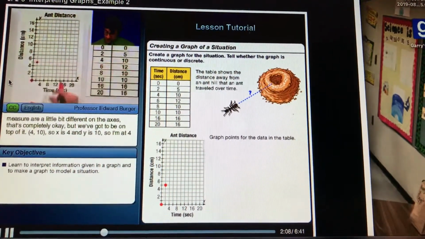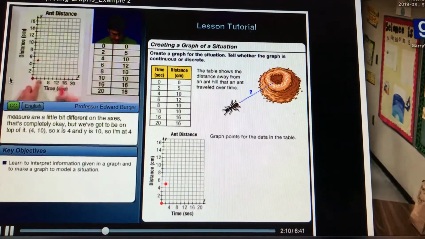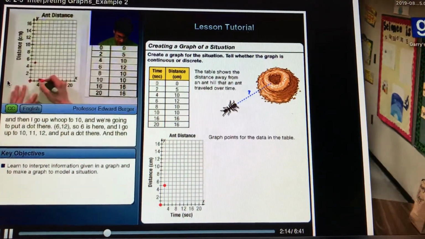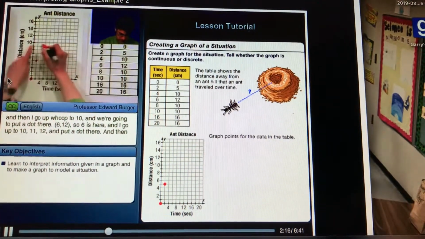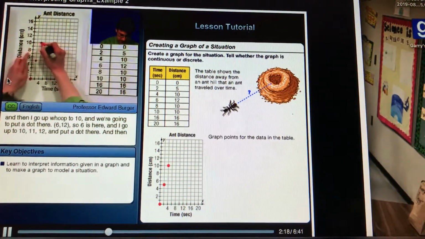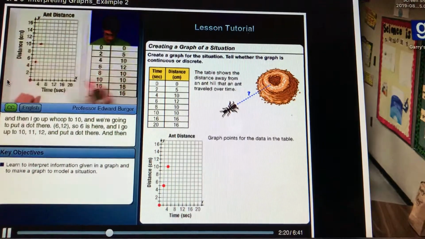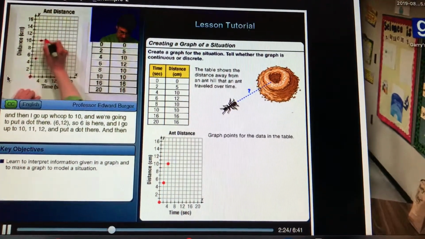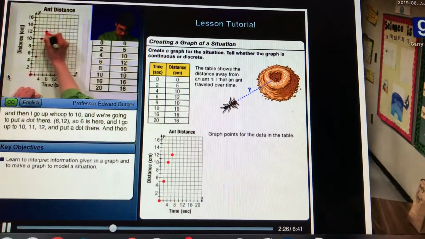4 comma 10, so x is 4 and y is 10, so I'm at 4, and then I go up to 10 and go over, put a dot there. 6 comma 12, so 6 is here, and I go up to 10, 11, 12, put a dot there.